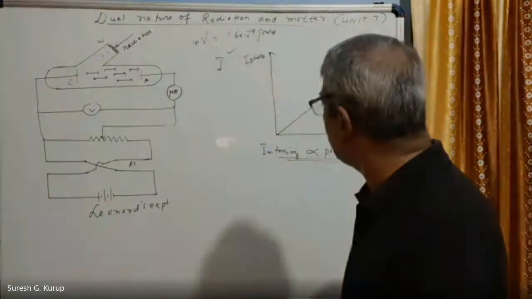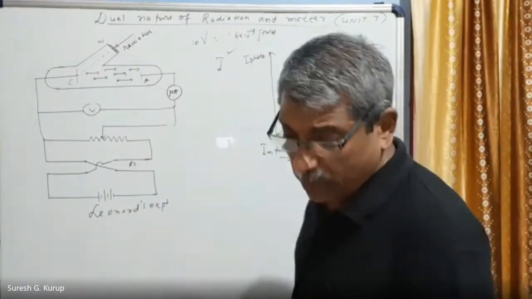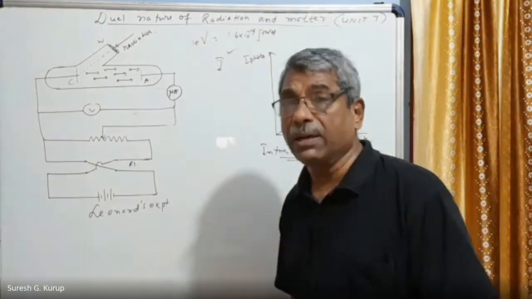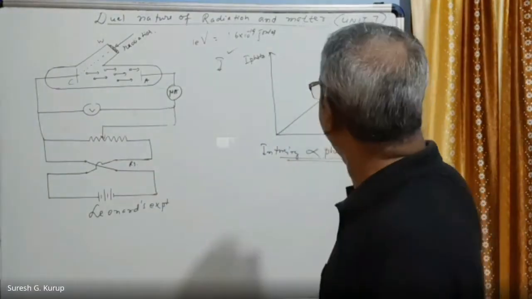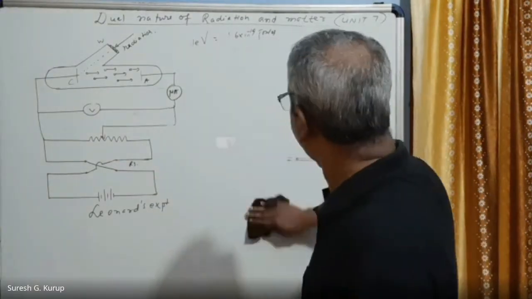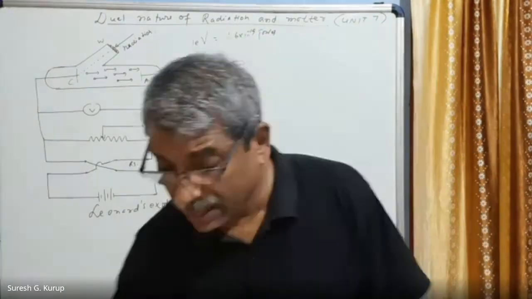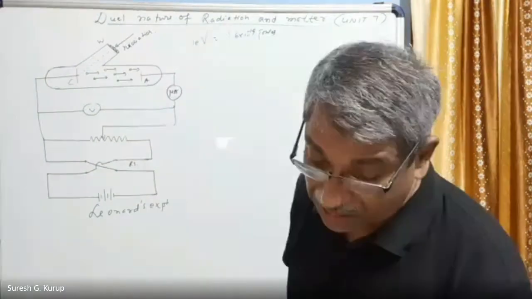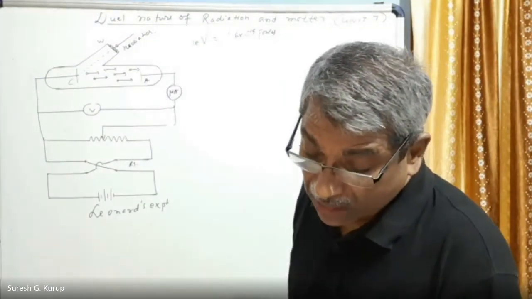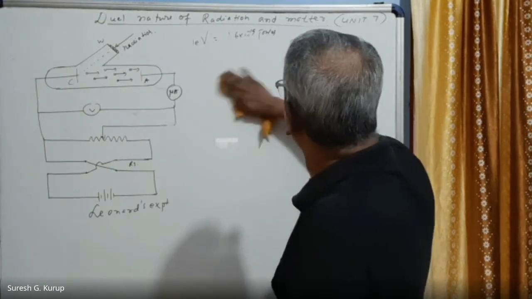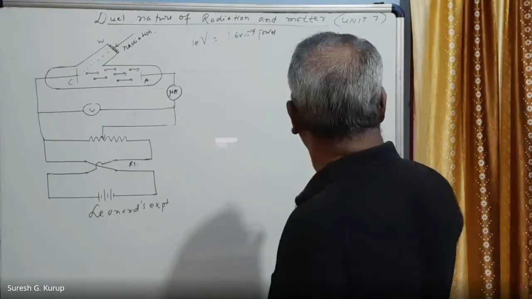Next is experiment number 2. In experiment number 2, we keep the intensity and the frequency constant and increase the accelerating potential. In this case, intensity and frequency are both constant, right?